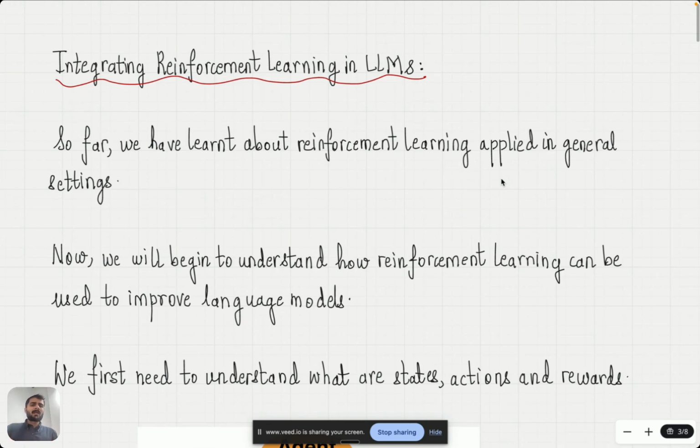When I was first thinking about this concept, it was not straightforward to me. In fact, I was not able to understand what the states, actions, policy and environment are, even in this case. But afterwards, it became very clear to me.